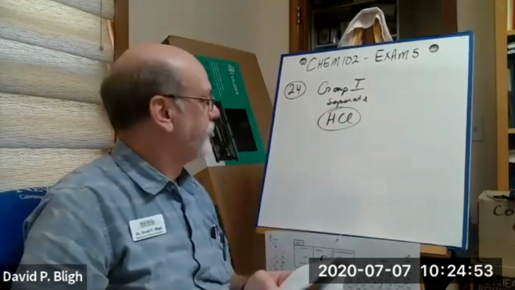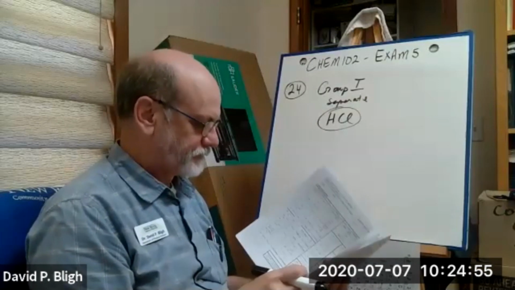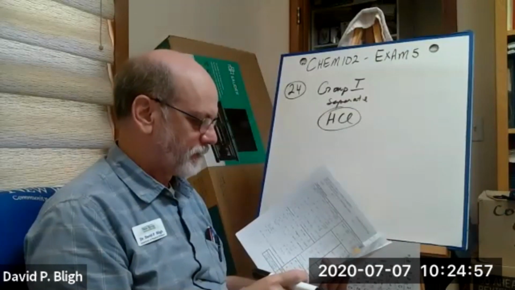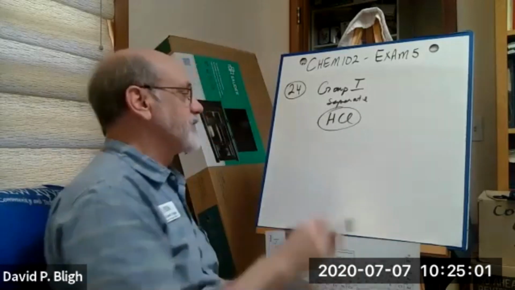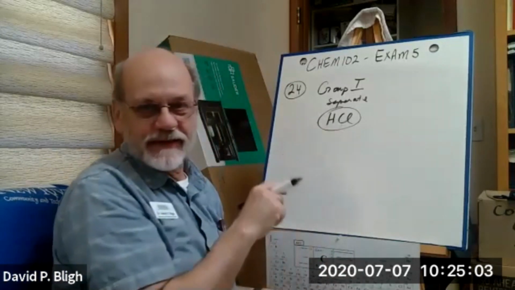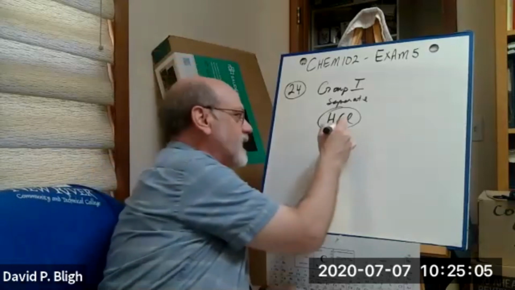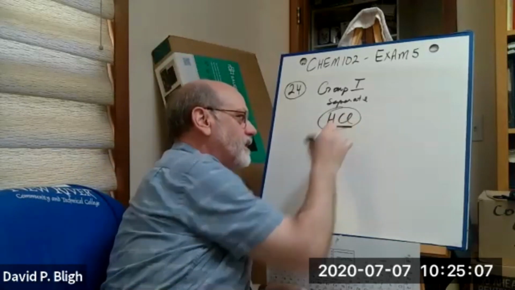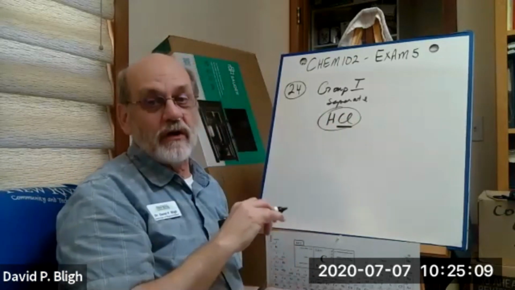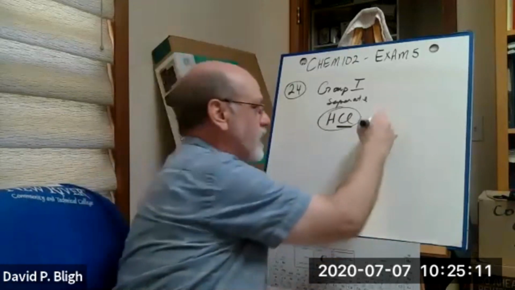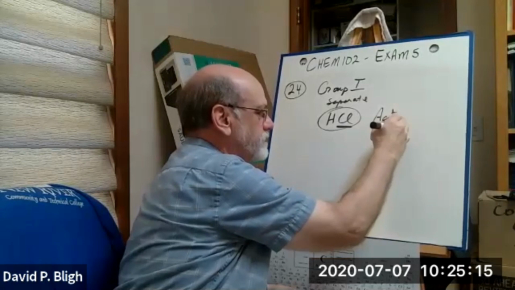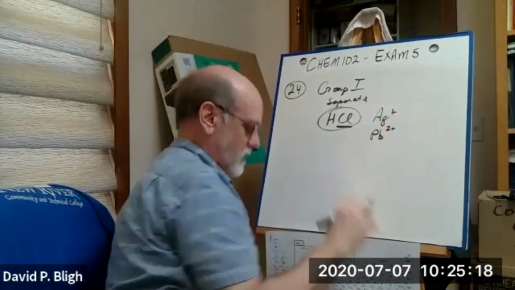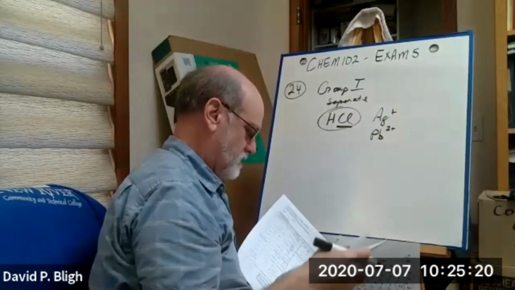Right. And when you acidify, well, actually, the key is not the acid. The key is the chloride. So all chloride salts will come out, like silver chloride or lead 2+ chloride, or what's another one?